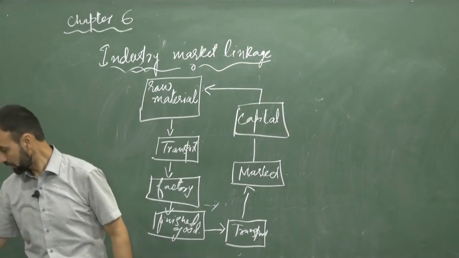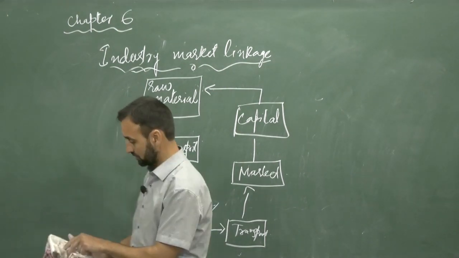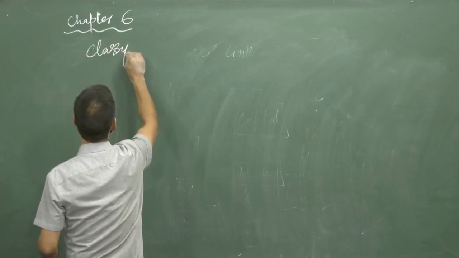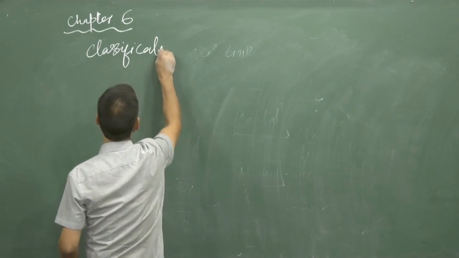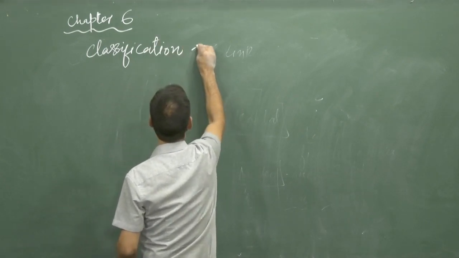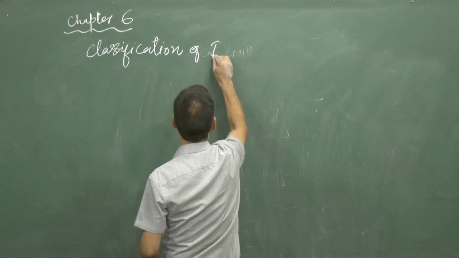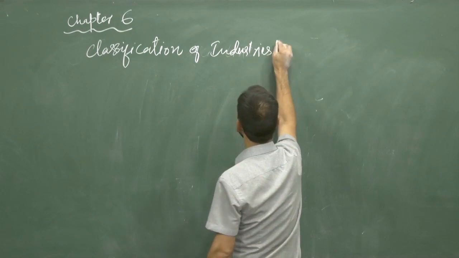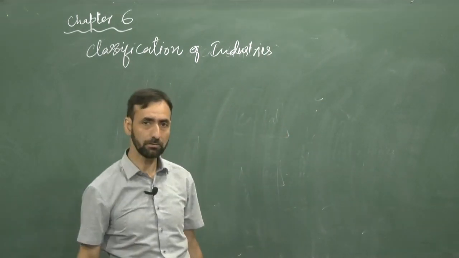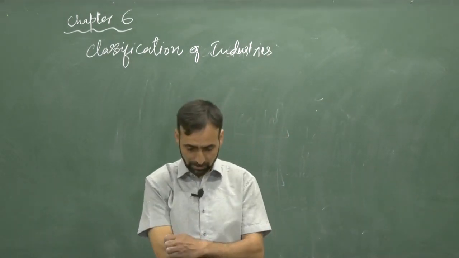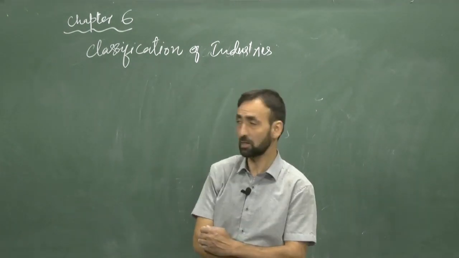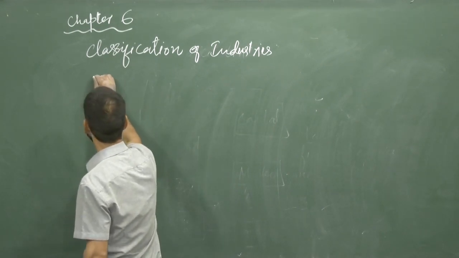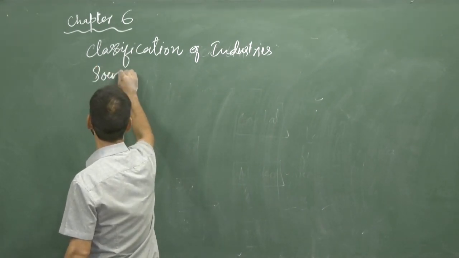Now, there is the classification of industries. Industries have been classified on various bases. Number one, on the basis of source of raw material.